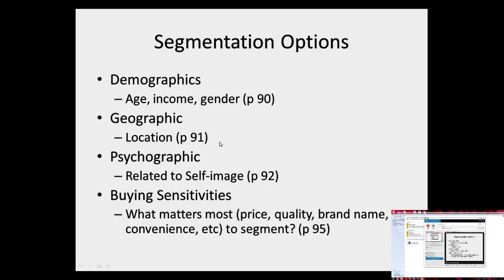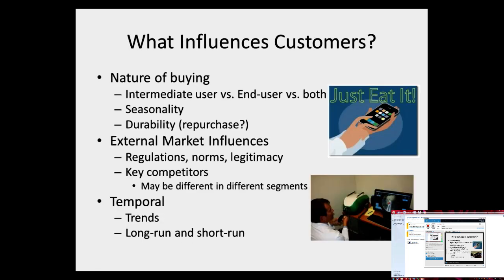So location matters. Zip code you could use. Psychographic information, I showed you some of that before. Buying sensitivity, and that's sometimes linked with demographics. But anyway, these are some of the options where you're trying to figure out who exactly is most interested in the type of product or service that I have.